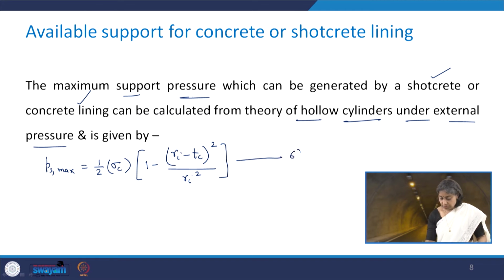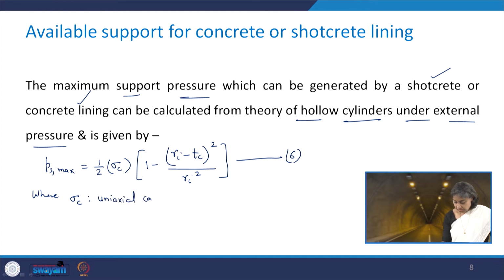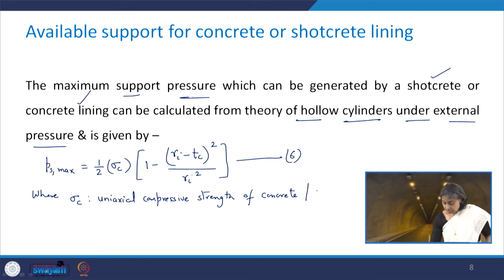Make it equation number 6. So where this sigma c is the uniaxial compressive strength of concrete or shotcrete, whatever that you have applied.